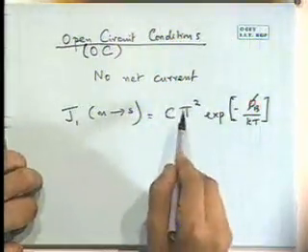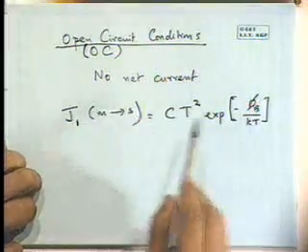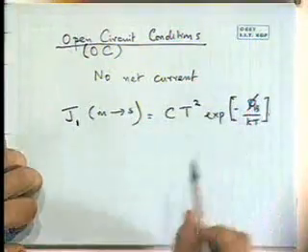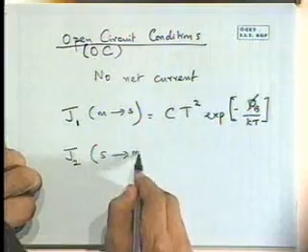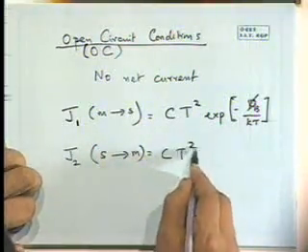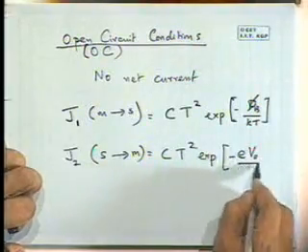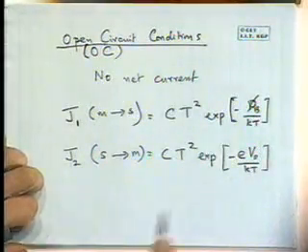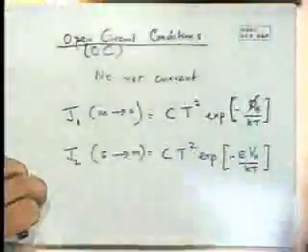Different books treat this slightly differently, but the current density J1 for metal to semiconductor is over the barrier phi b. On the other hand, J2, which is the current from semiconductor to the metal, is equal to C T squared exponential minus EV naught by kT. The barrier now is EV naught for going in this direction.